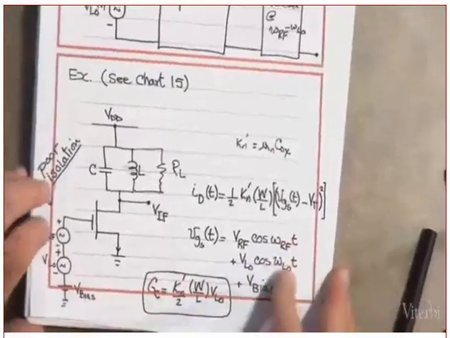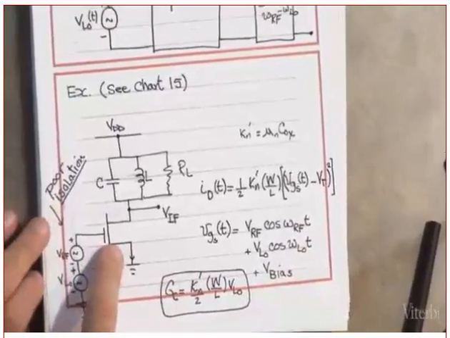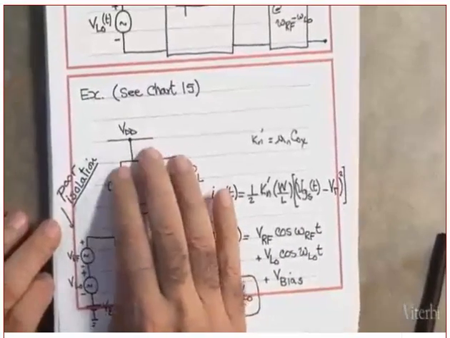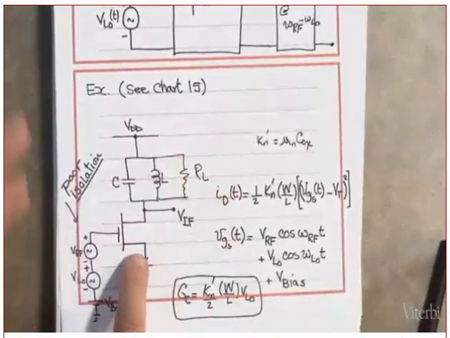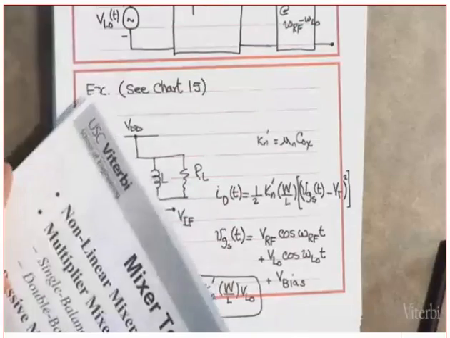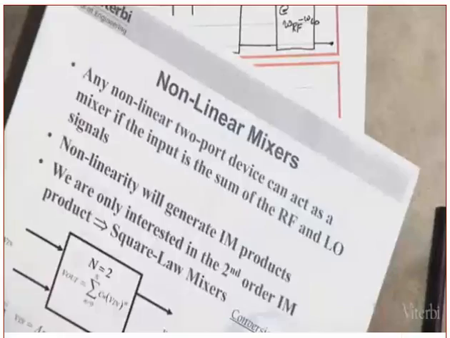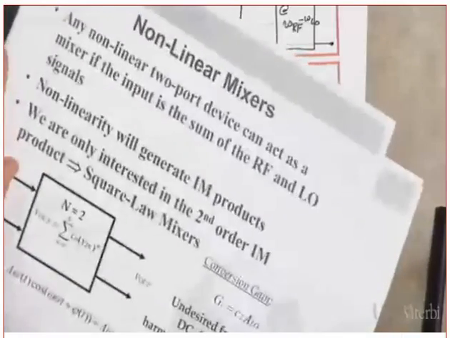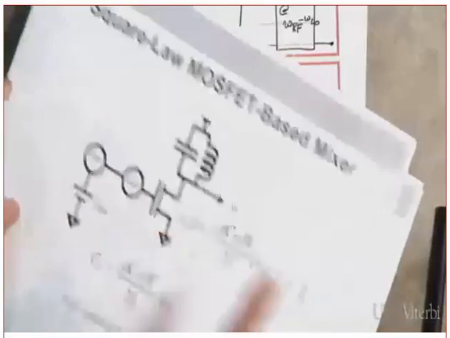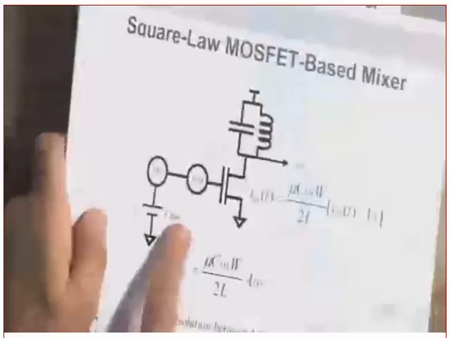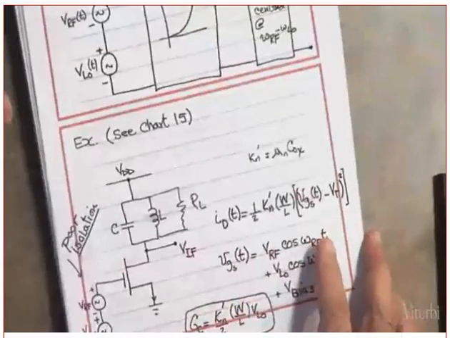Do we have a MOS here? Don't worry about this, I'll explain it in a second. This circuit is this circuit. I just explained this one to you. Are you following me? Let me use this one, it has more detail.